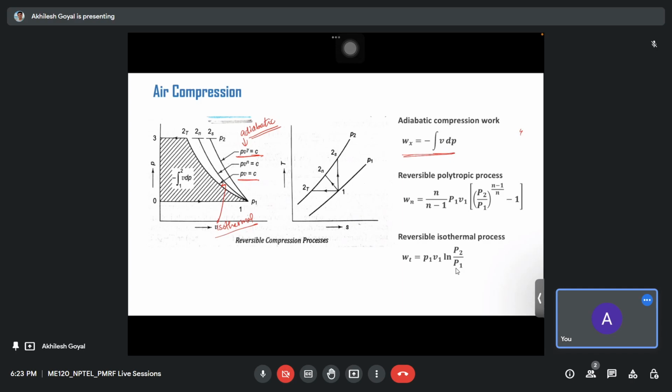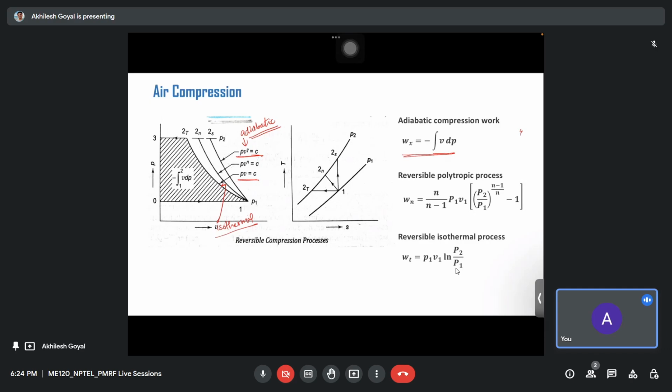The work done is equal to minus VdP for machines where there is a steady flow. So the work done on the compression is given by minus VdP.